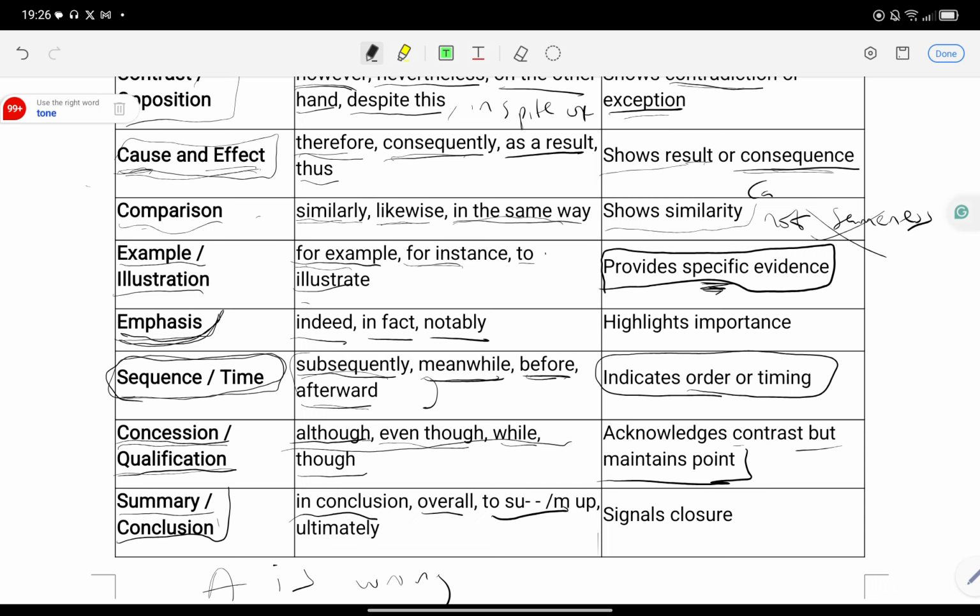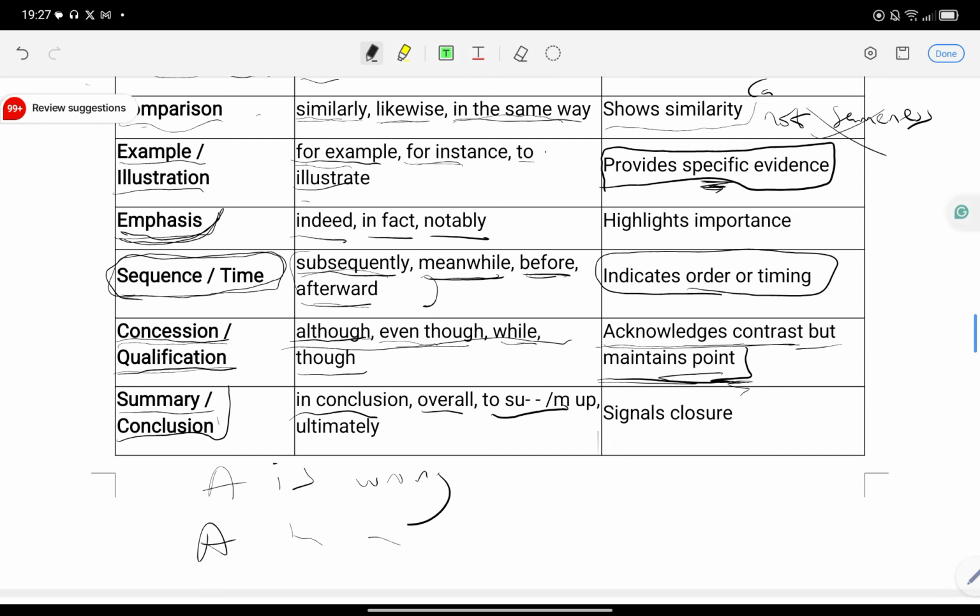You're saying yes, I know I did this, yes, this is true, but I will also accept that. So you're considering something to be true, or something to be false. You're considering a fact. So we have examples of words like although, even though, while, and though. The function of these words is to acknowledge contrast, but also maintain a point. So you're acknowledging a fact, but you're also maintaining something.